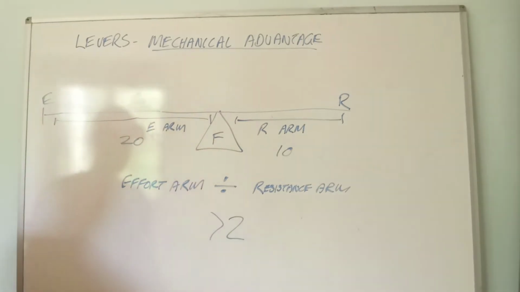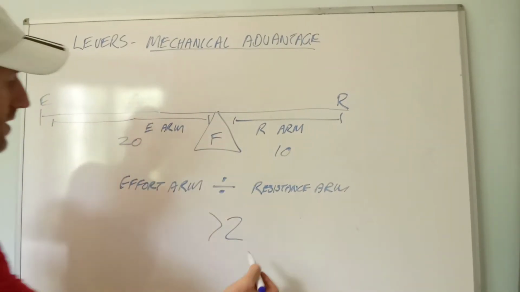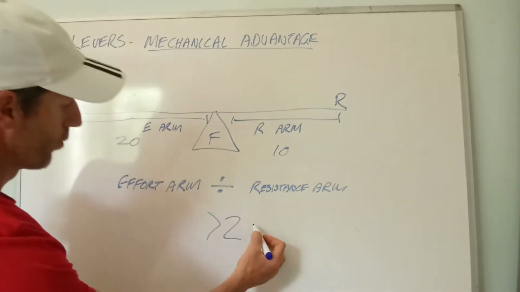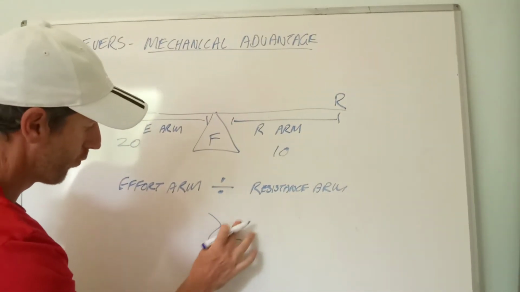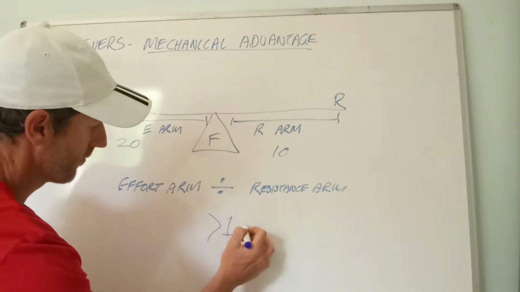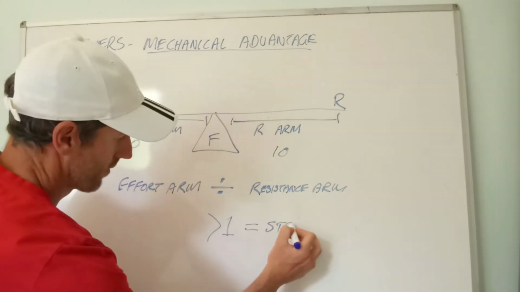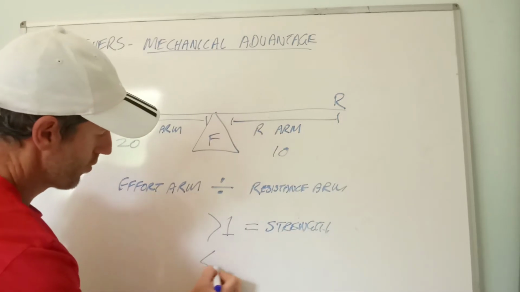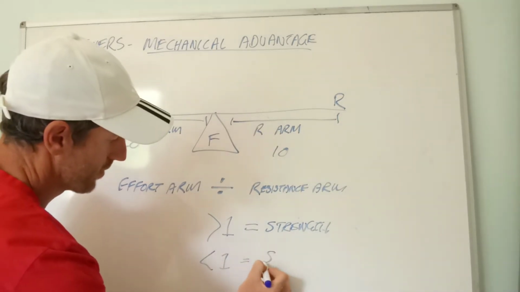If it was more like 2, you would have a mechanical advantage for strength. So anything above 1 equals strength. Anything below 1 equals speed.